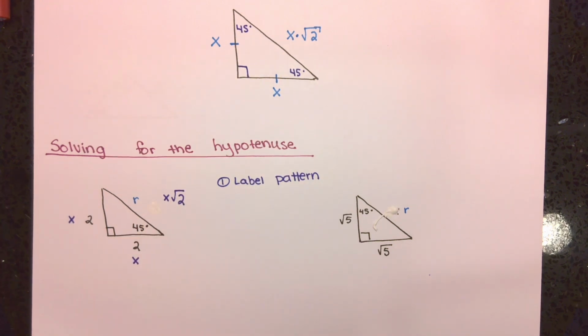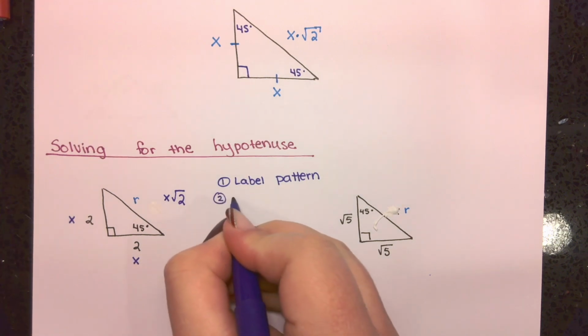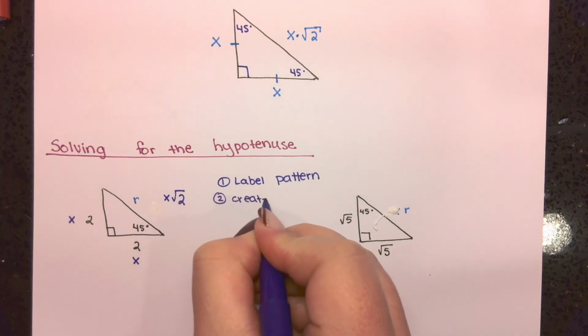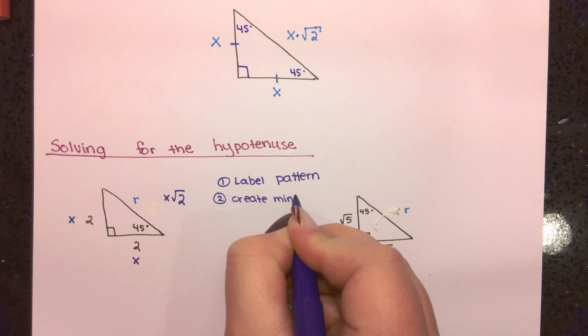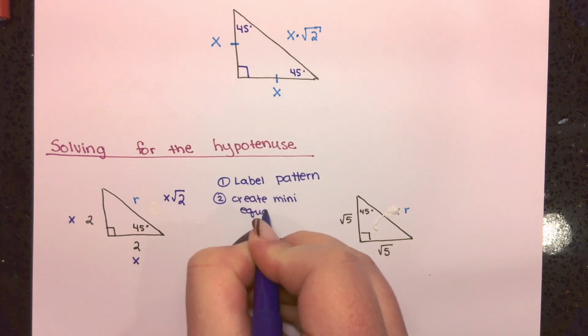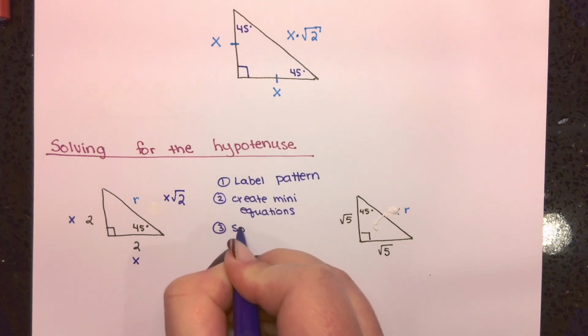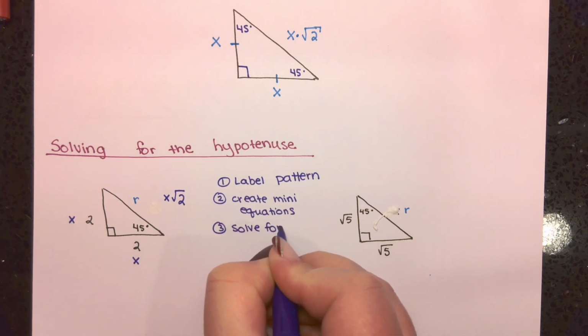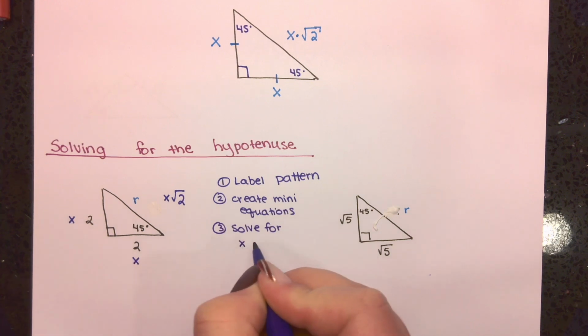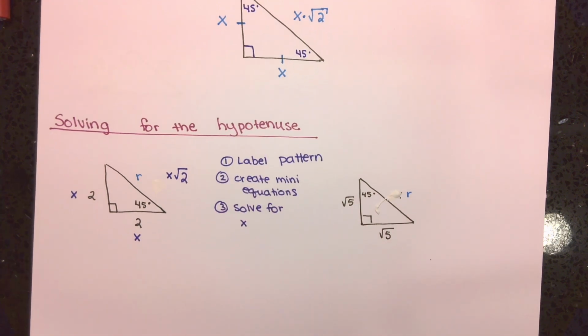When you label your pattern, you're going to create these little mini equations, and you're going to solve for X or the unknown.